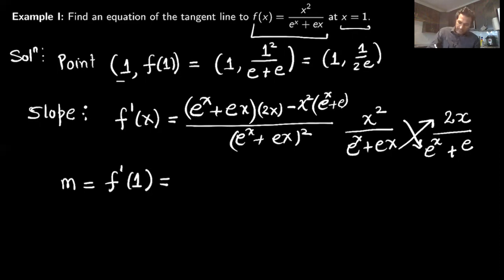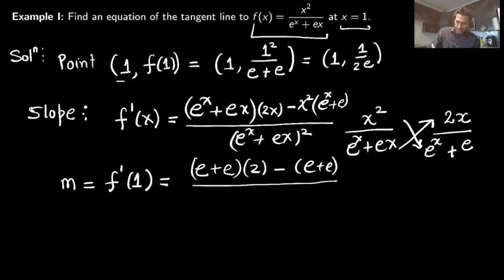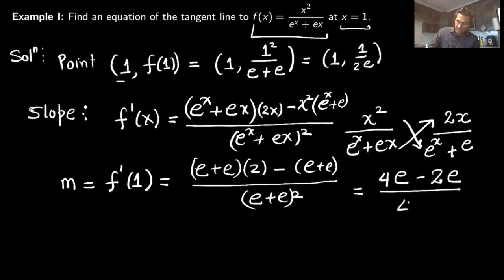If I replace x by 1, it's going to be (e plus e) times 2 minus 1 squared, which is 1, times (e plus e), and then this is divided by (e plus e) squared. Let's do the simplification. This is 2, this is 4e, this is minus 2e, divided by 2e, which is 4e squared.